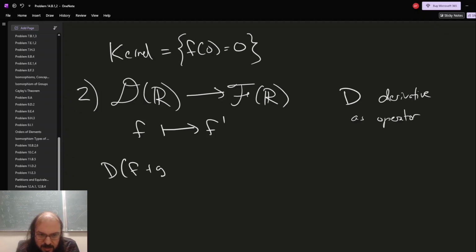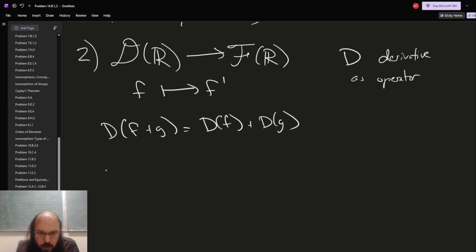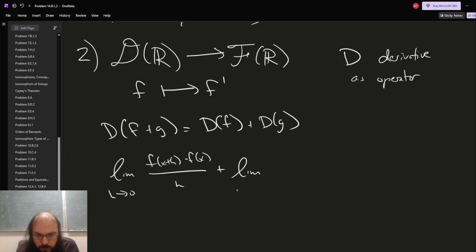I need to see that D of f plus g equals D of f plus D of g. And this is a basic calculus fact. Without going through the whole story, we remind ourselves that the derivative is defined by the limit as h goes to 0 of f of x plus h minus f of x over h. I need to see that that's true.